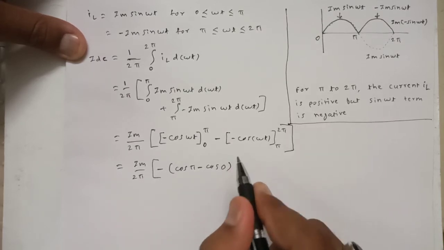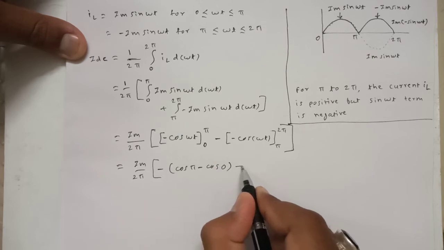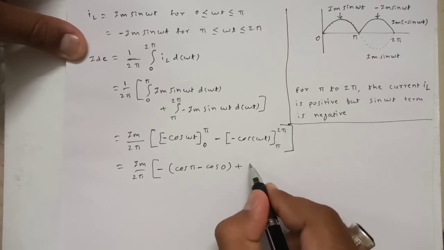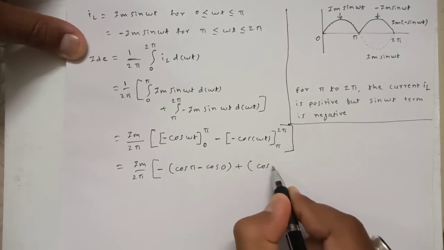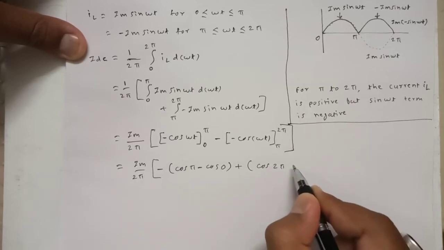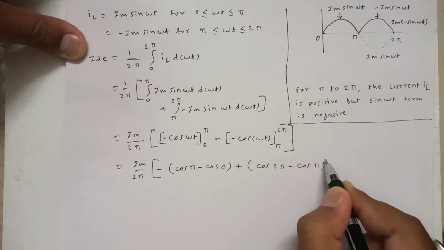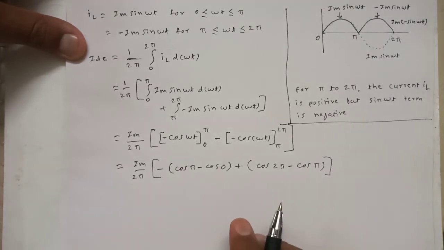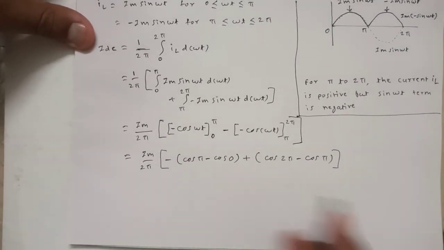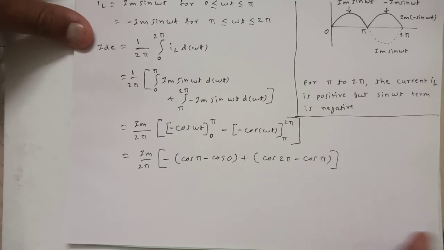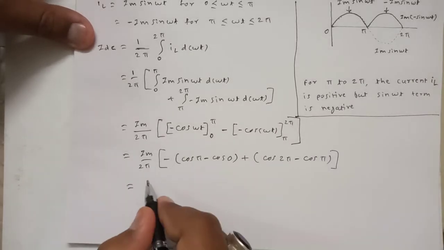Now this minus, if taken, gives plus, and in bracket we have cos of 2 pi minus cos of pi, and the bracket is completed. Now it's simple, we can put the values of cos pi and cos 0, and we will get the final thing.